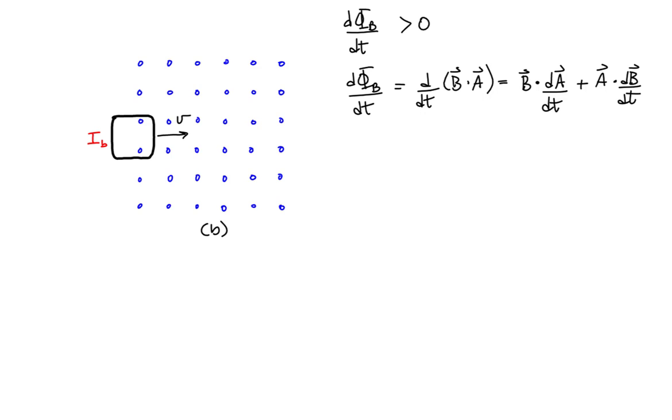Now for this problem, the magnetic field is not changing in time. So we could say this quantity is equal to 0. But what is happening is that the surface area vector is changing in time. So what does that mean by the area vector is changing in time?